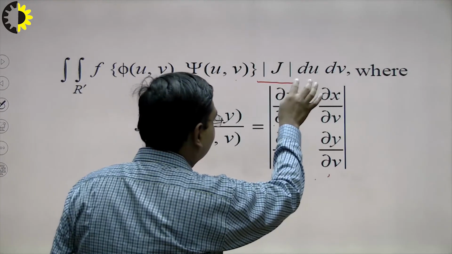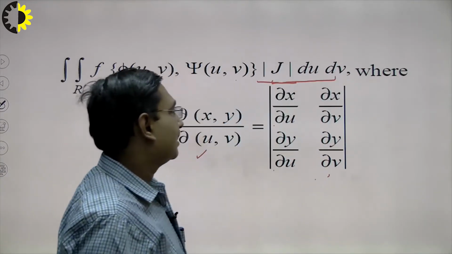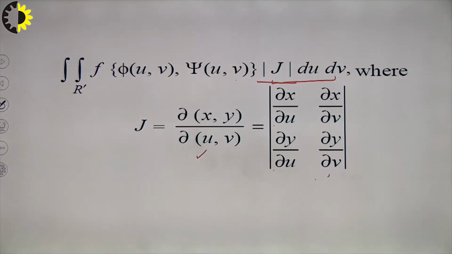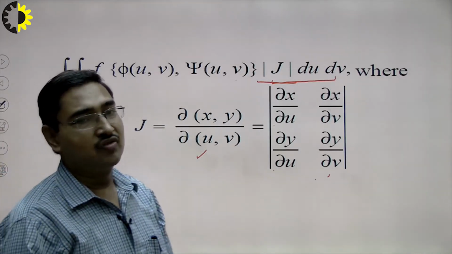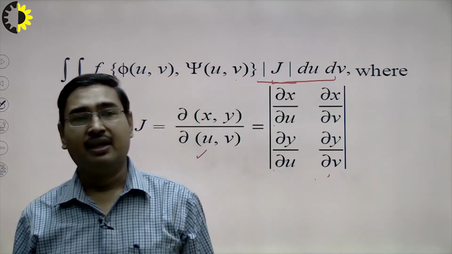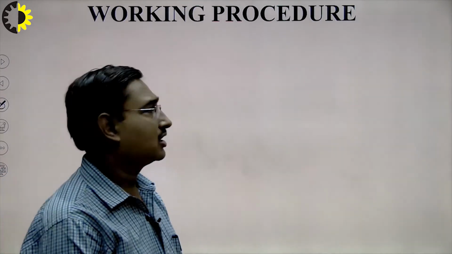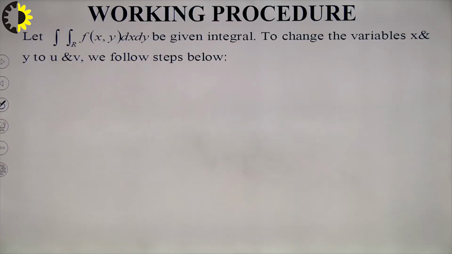The dx dy will be replaced by mod J du dv, and this integral will be transformed to u and v. This integral in terms of u and v will then be evaluated, and the value of the integral will be obtained. I summarize the procedure to evaluate a double integral by change of variables.